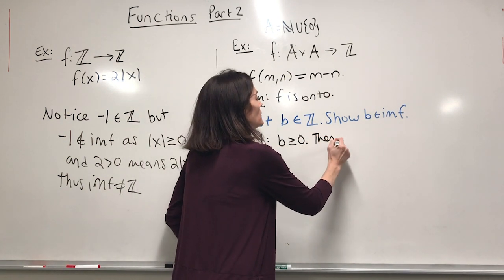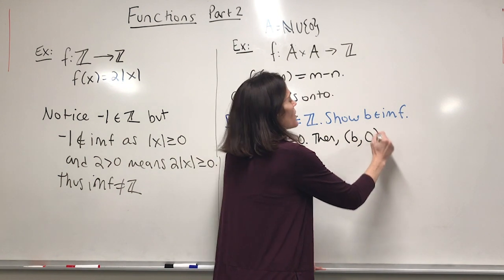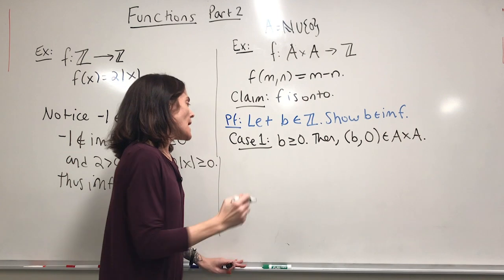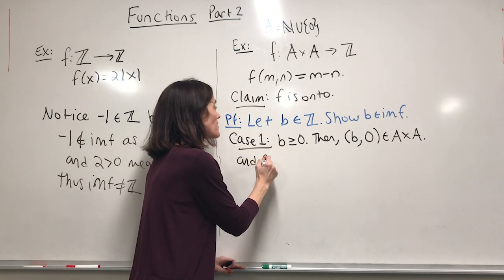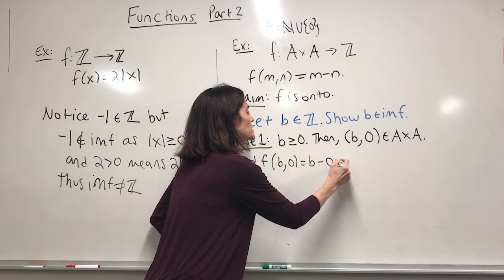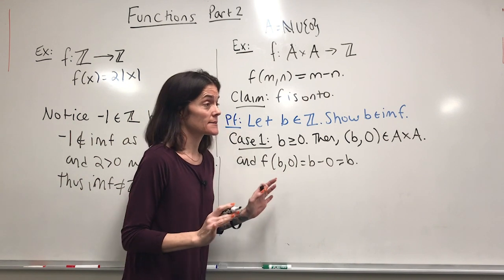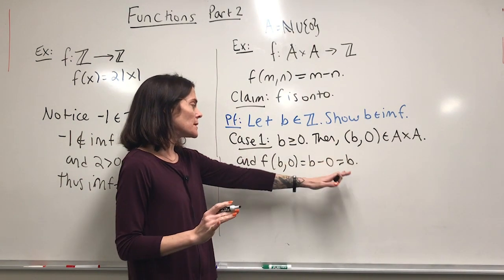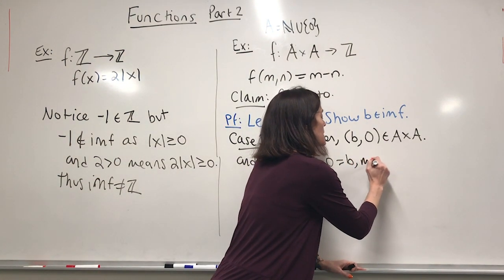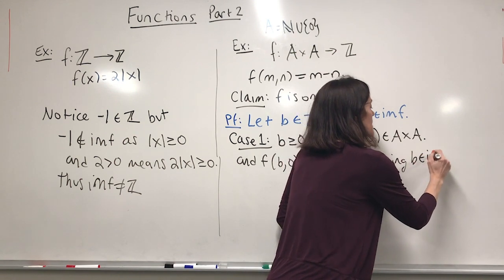If b is greater than or equal to 0, then (b, 0) is in A cross A, and f of (b, 0) is b minus 0, which is b. So if we're in this case, I have found an element that maps to b, so I'm finished. This is what I needed, meaning b is in the image.